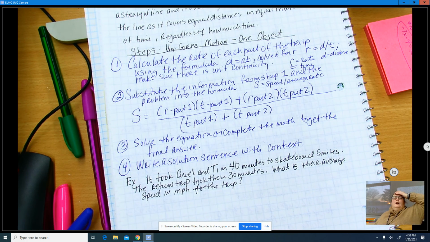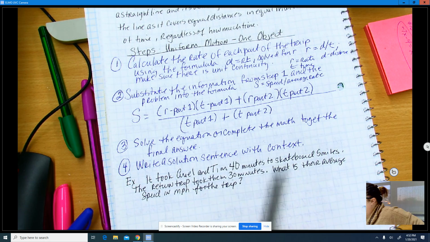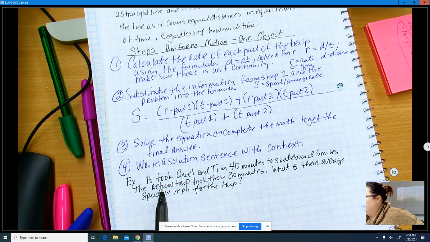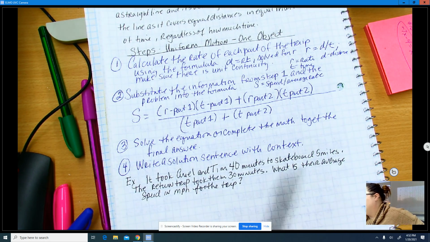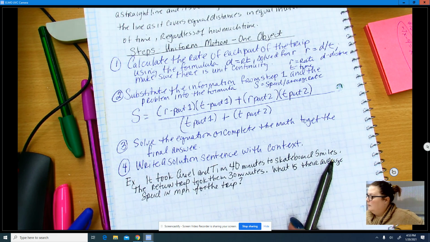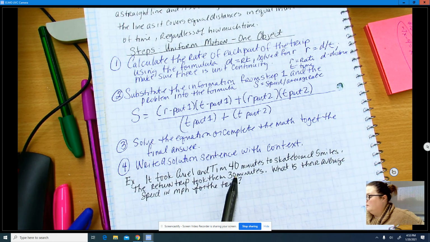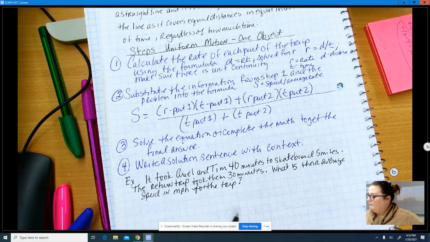Okay. So we know the trip there is 5 miles. And since it says return trip, we also know the return trip is 5 miles. We have the two different times. But remember that in order to fill this out, we first have to calculate the rate.